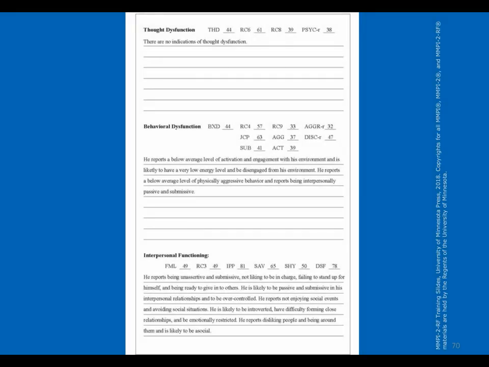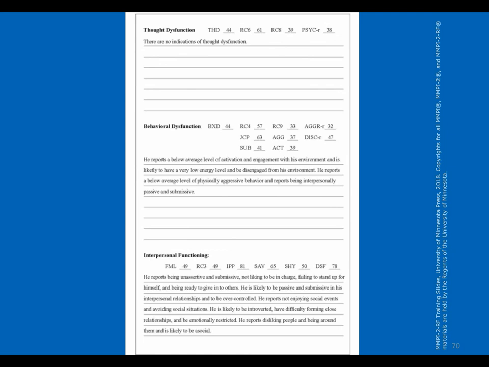On the next page of the interpretation worksheet, we begin by interpreting the thought dysfunction domain. And in this domain, we begin with the higher order scale, thought dysfunction, which is within normal limits. We would next move into the RC scales in this domain, RC6 and RC8. Both of those are also within normal limits.